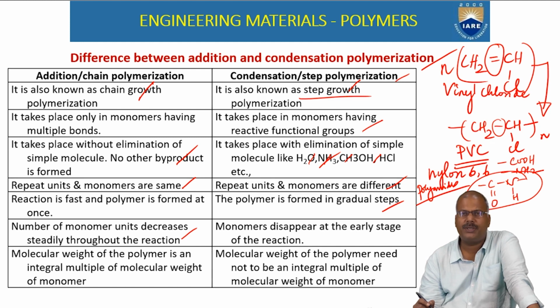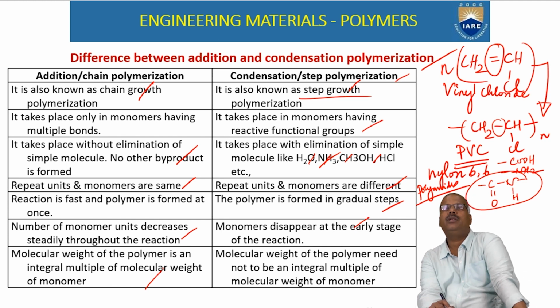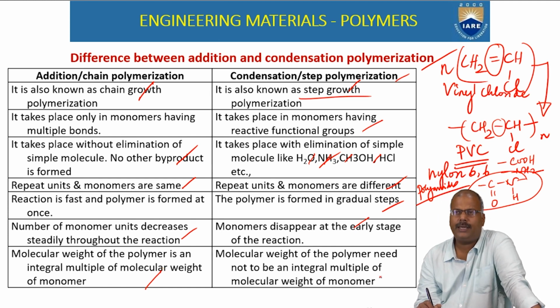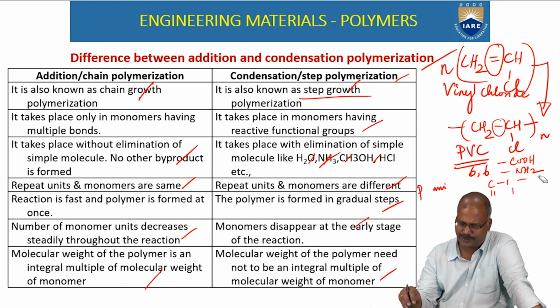Here, monomers disappear at the early stage of the reaction in condensation polymerization. The molecular weight of the polymer is an integral multiple of the molecular weight of the monomer in addition polymerization. Whereas here, the molecular weight of the polymer need not be an integral multiple of the molecular weight of the monomer in condensation polymerization.